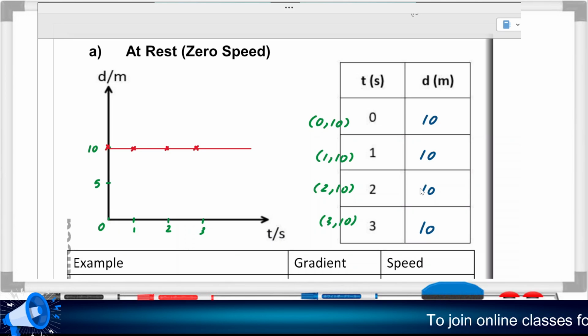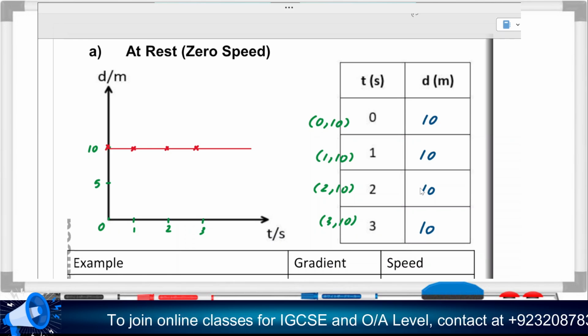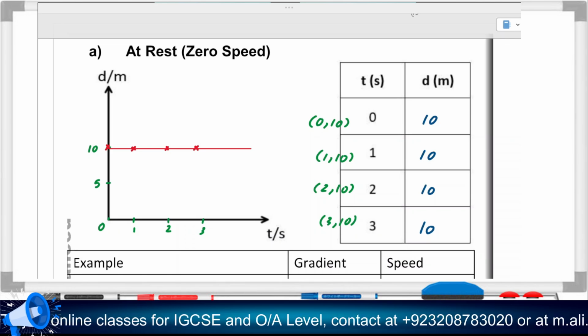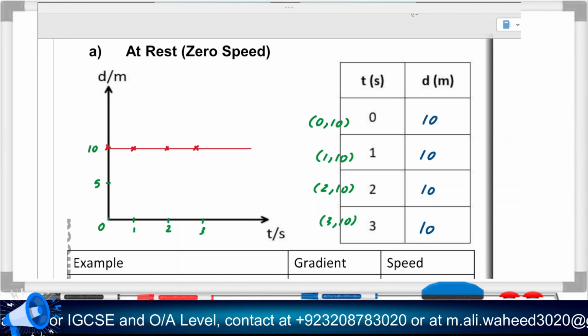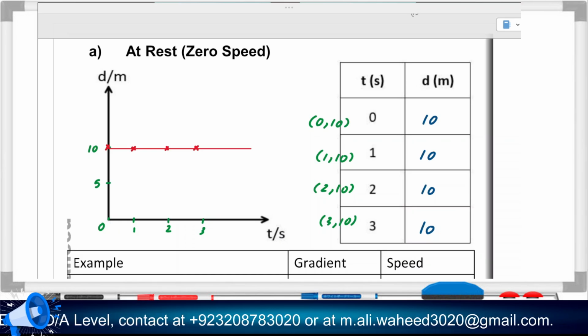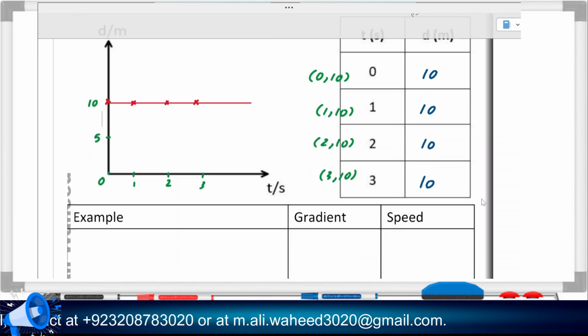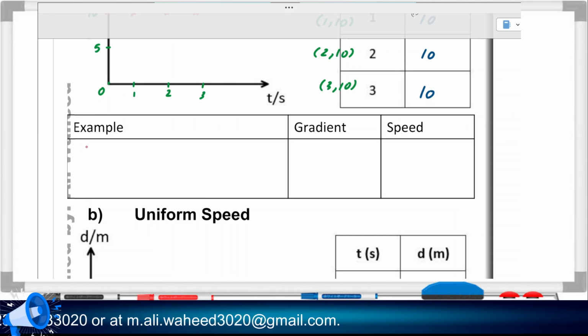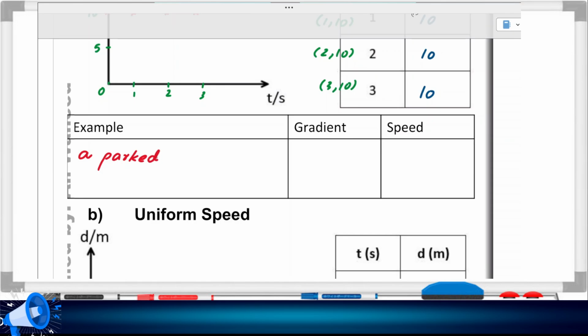Whenever an object is at rest, the distance time graph is a horizontal line. So what are the examples of this situation? Plenty of examples. A parked vehicle: the distance does not change.